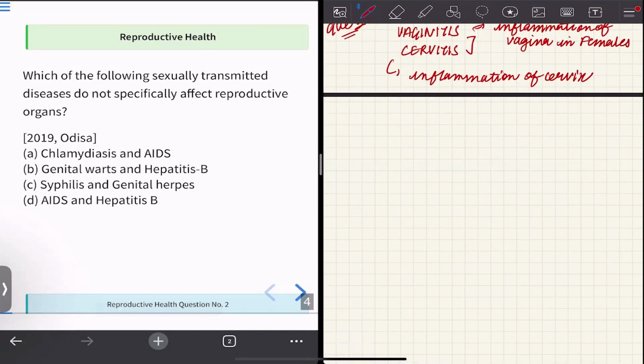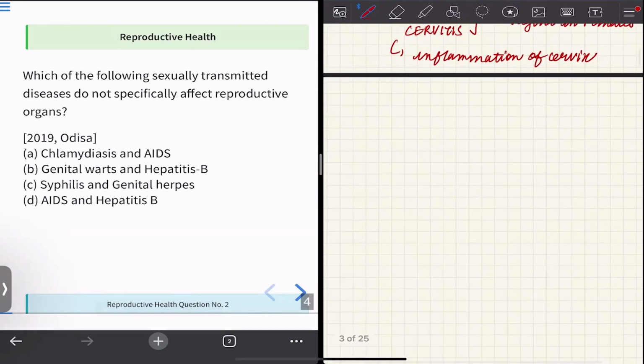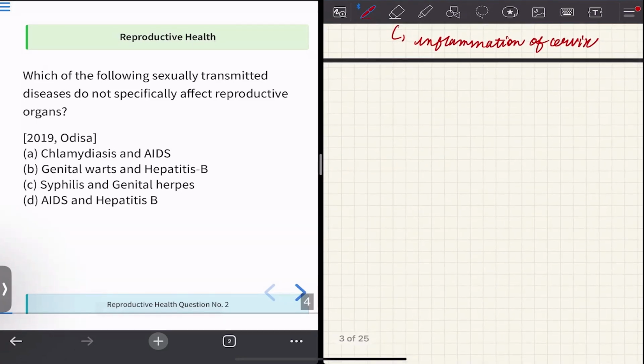These conditions are sexually transmitted diseases, and the reproductive organs are affected. There are some conditions, for example, chlamydiasis. We'll have a look at all of these. We have option A as chlamydiasis. It occurs due to the bacterium chlamydia, and in this we can see deformation or abnormality in the reproductive organs.